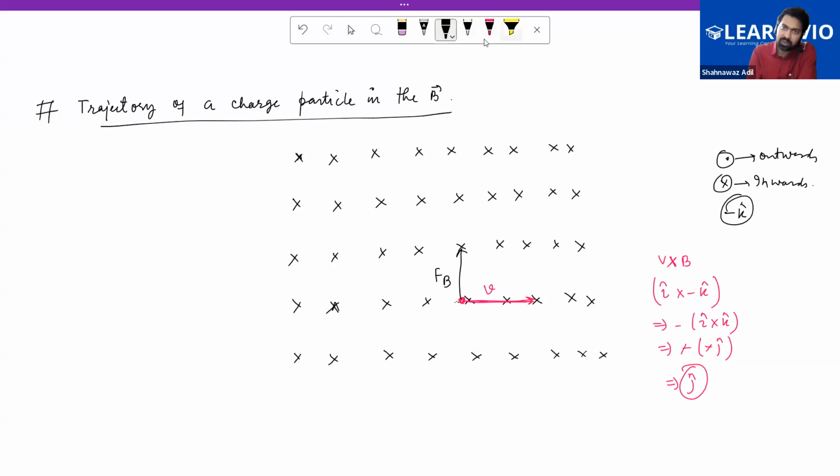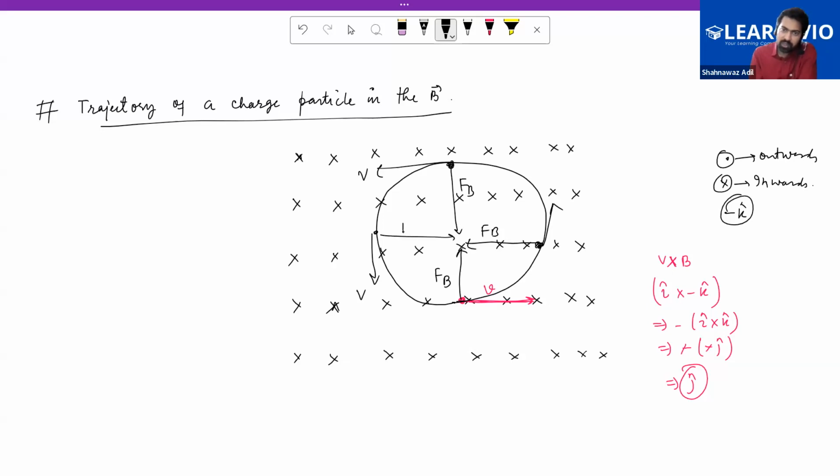If the charged particle comes at this position, let me draw this way. So if the charged particle comes in this position, the magnetic force would be in this direction. In here, this is the velocity. So the charged particle will follow a circular direction.